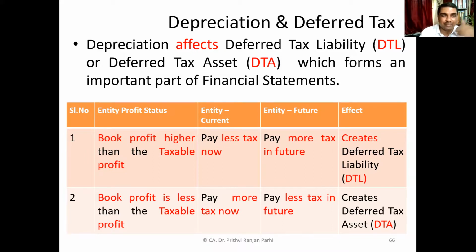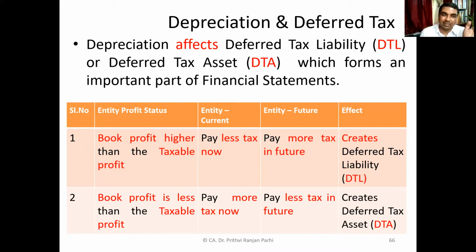On the other hand, if book profit is less than taxable profit, in that case what will happen? Taxable profit is more, so you are paying more tax. If you are paying more tax now, you will be paying less tax in future. Since you will be paying less tax in future, it creates an asset that is called deferred tax asset.